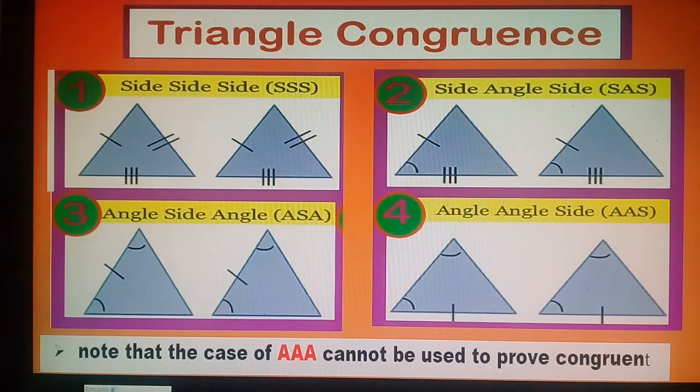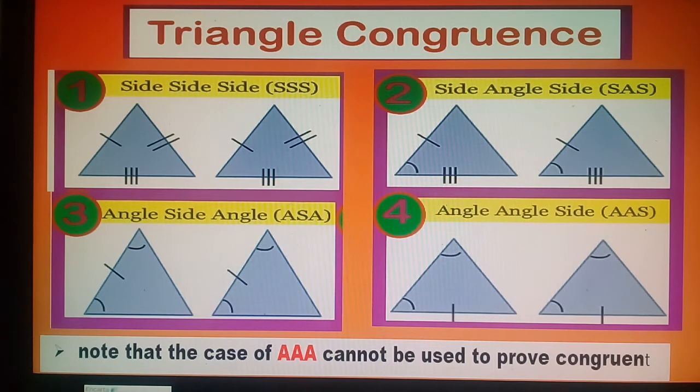Note that the case of angle, angle, angle cannot be used to prove congruence, because we might have triangles that have the same angles but are not equal in size. For example, an equilateral triangle with sides of 5 centimeters, 5 centimeters, 5 centimeters has all equal angles.